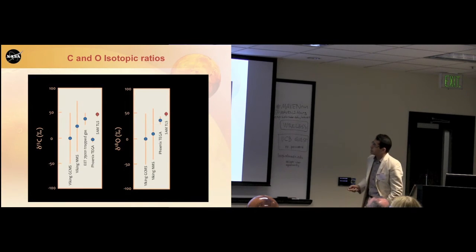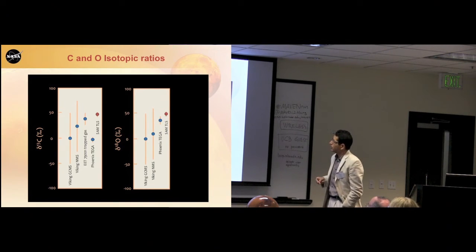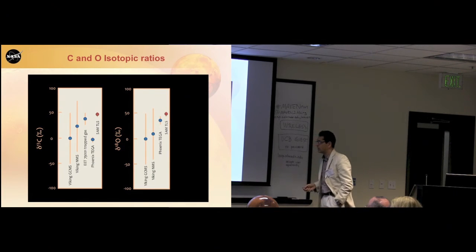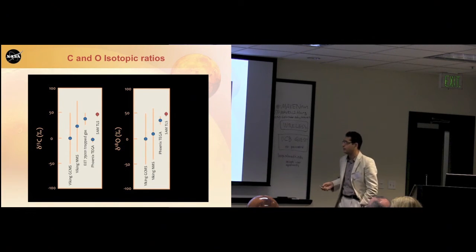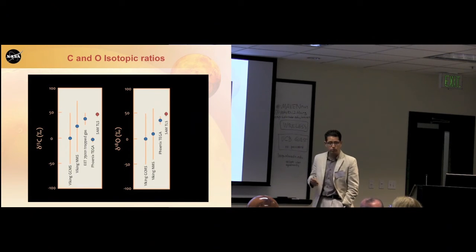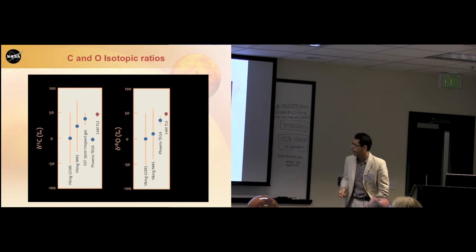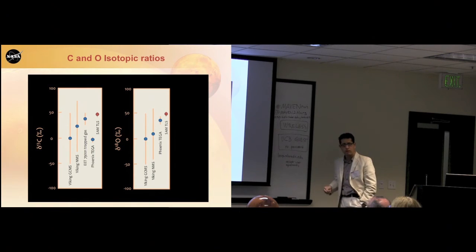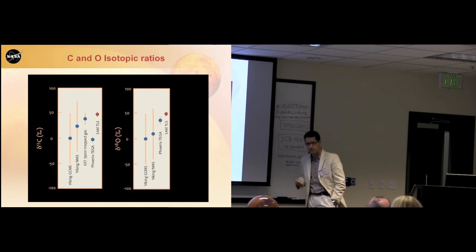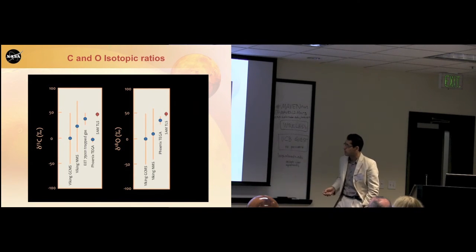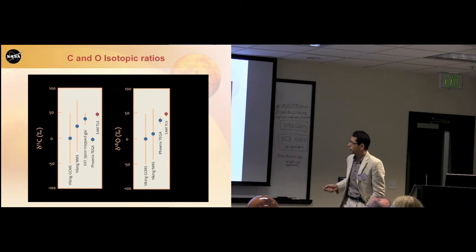The second result from SAM is the isotopes of carbon and oxygen, and specifically the deviation of carbon-13 to carbon-12 from terrestrial values, and the deviation of oxygen-18 to oxygen-16 from terrestrial values. And here I put in the values that came from Viking GCMS, NMS, the gases trapped in Martian meteorites, and the Phoenix TEGA measurements.